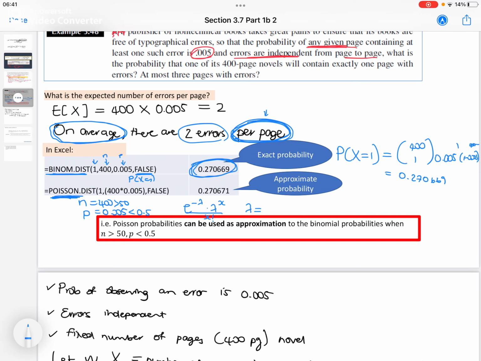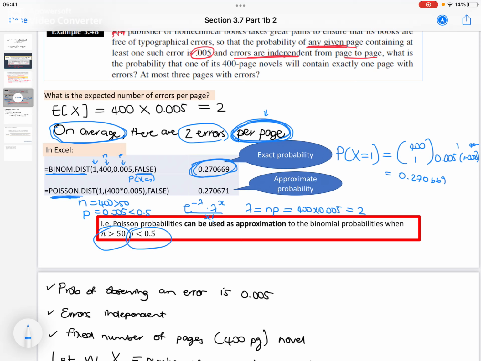In this case, lambda is n times p, which is 400 times 0.005, equal to 2, since we've met the criteria that n is greater than 50 and p less than 0.5.